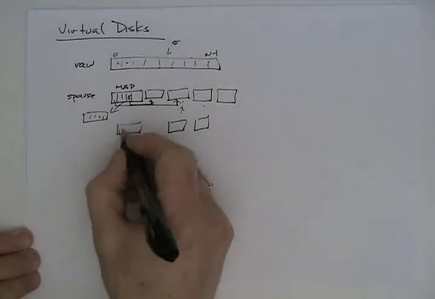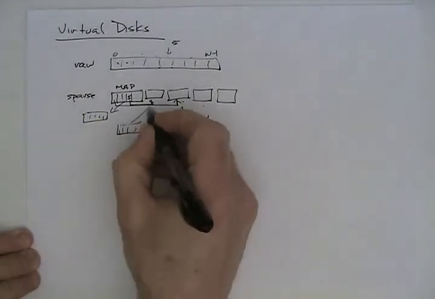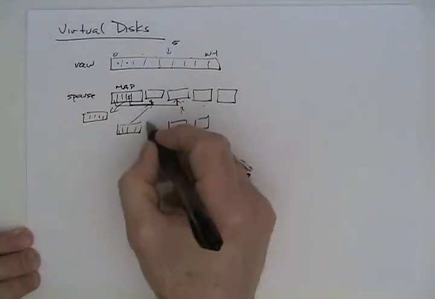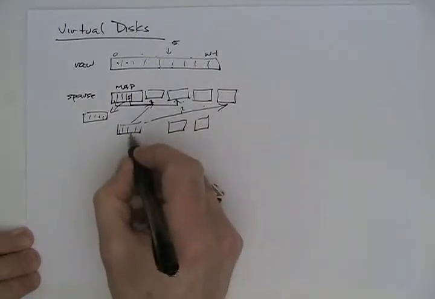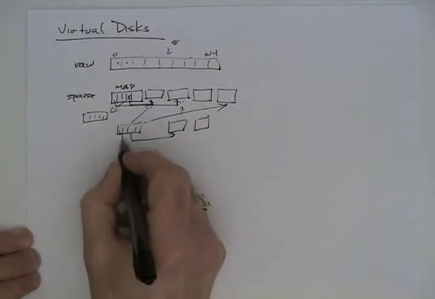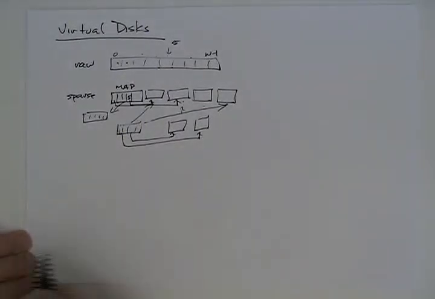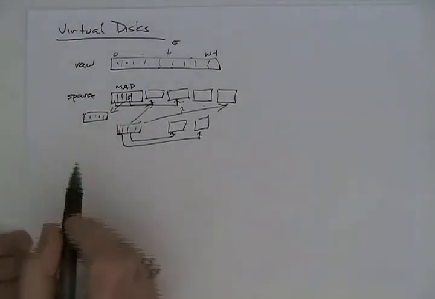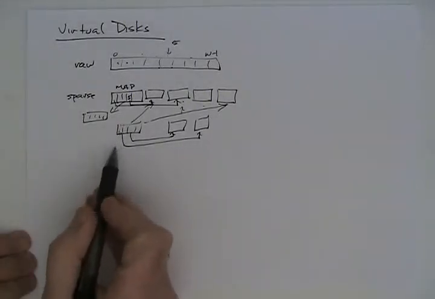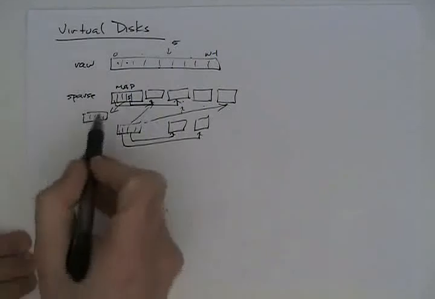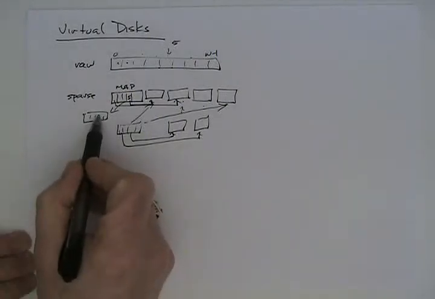And so our new map is going to have pointers to old data that hasn't been modified and pointers to new data that has been modified. And then if we take a snapshot, install a bunch of stuff, find out that it doesn't work, we can roll back to the previous snapshot.